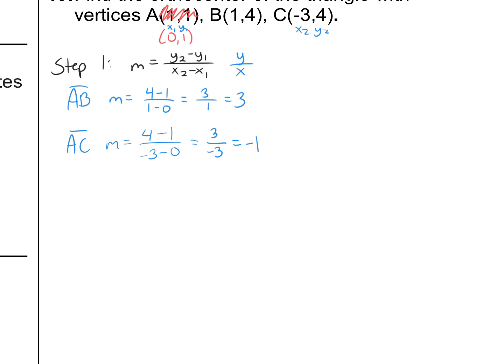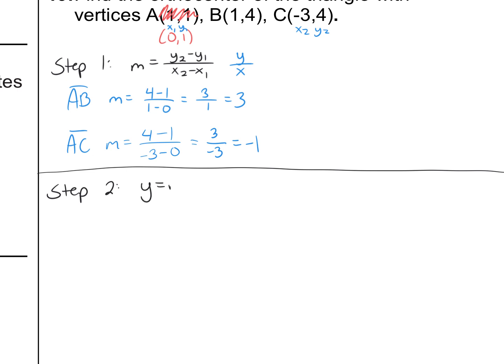A lot of you do the perpendicular step of step 1. That's totally fine. Okay. So step 2, what happens here? Writing the equations, right? How many equations am I going to have? 2. Remember, these are the y equals mx plus b equations. What is an important part of this step?